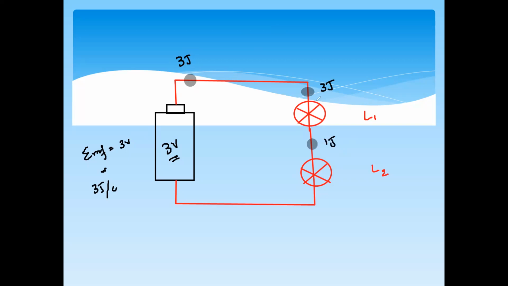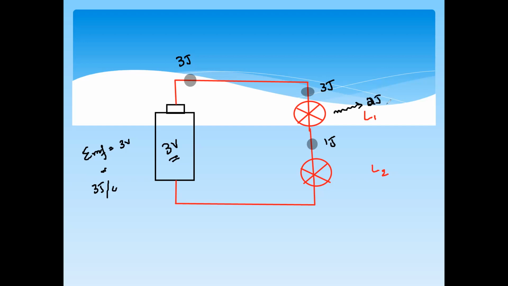For example, after passing through the lamp it is having 1 joule. So how much energy is transferred to the lamp? That is equal to 2 joules. So 2 joules of energy is transferred to the lamp.